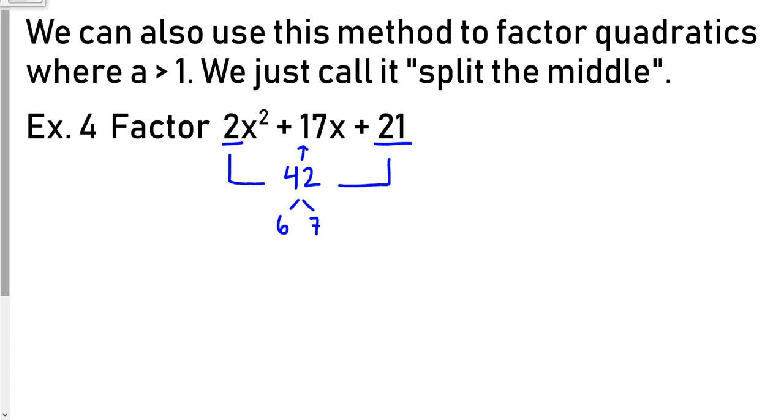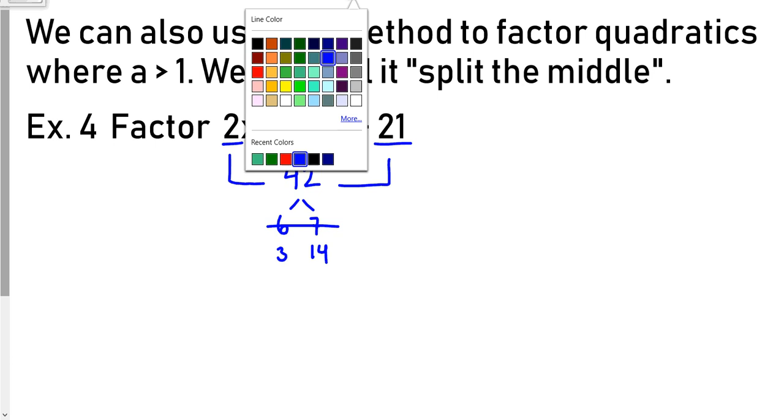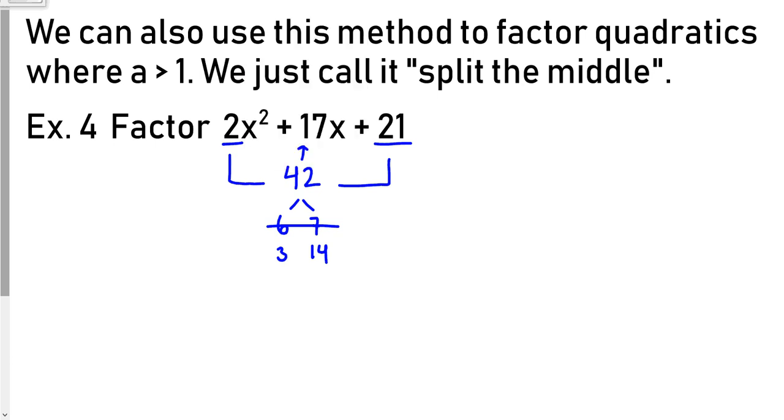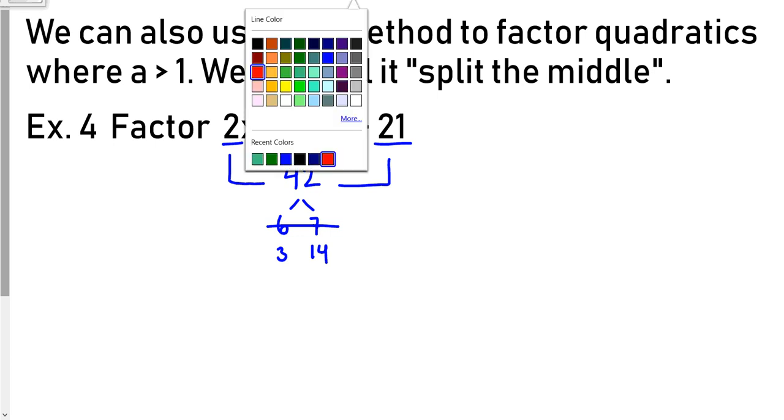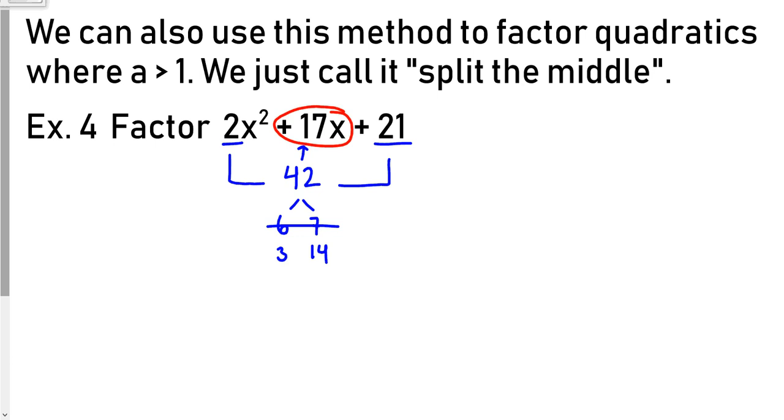If I think about some other ones, or get a calculator and start doing some division, maybe I come up with 3 and 14. Can 3 and 14 combine to get 17? Absolutely. If I multiply 3 and 14 together, do I get 42? Absolutely. So here's what I'm going to do. I'm going to rewrite this problem without directly using this 17. I'm going to take my first term, 2x squared, and that stays exactly the same.